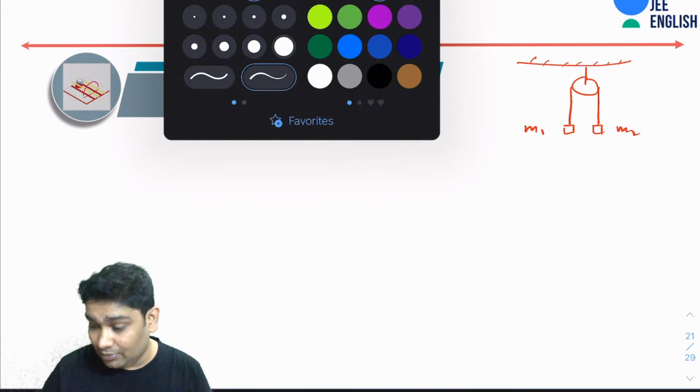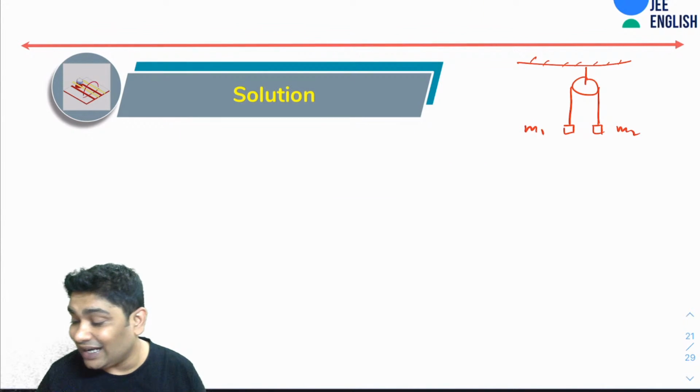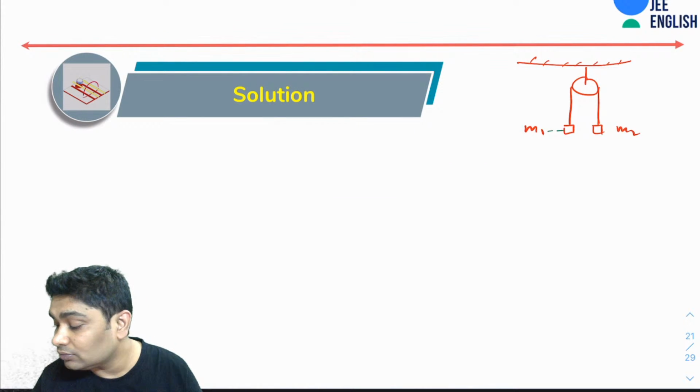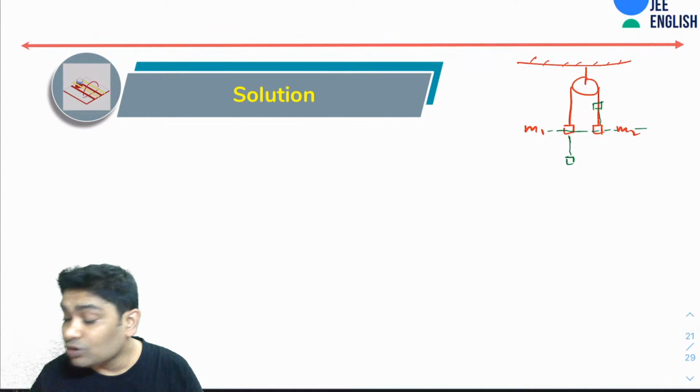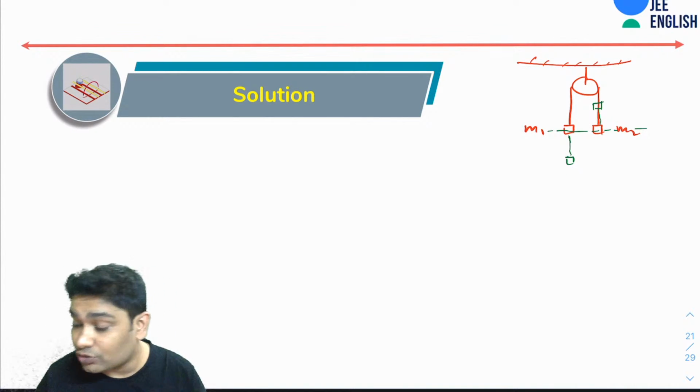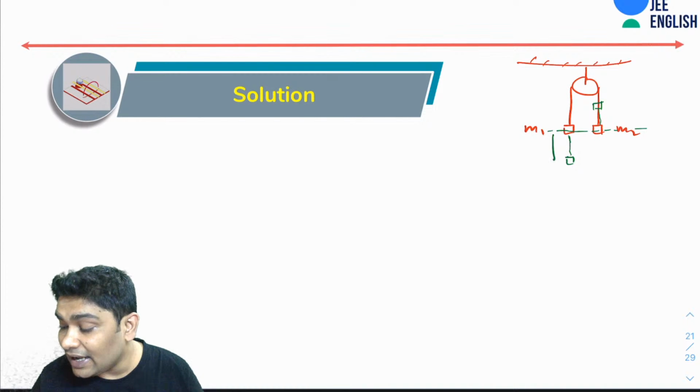Now in some time, let's say that this one has gone down and it reaches here, and this one has gone up and it reaches here. So you will realize, because they are connected with the string, if this one has gone down by x, this one would have gone up by x.